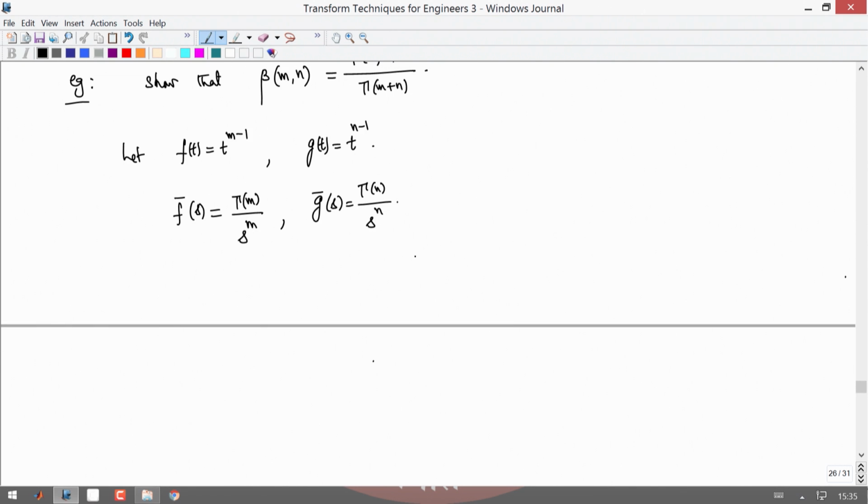So, we can use the convolution, that is f convolving with g, for which you take the Laplace transform. This is f bar of s times g bar of s.